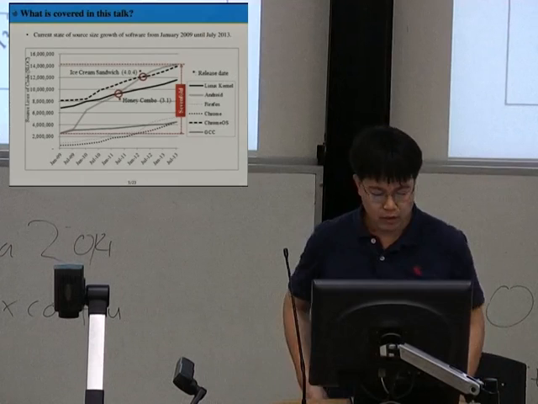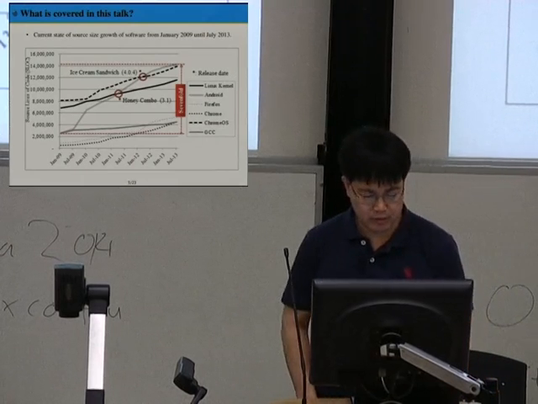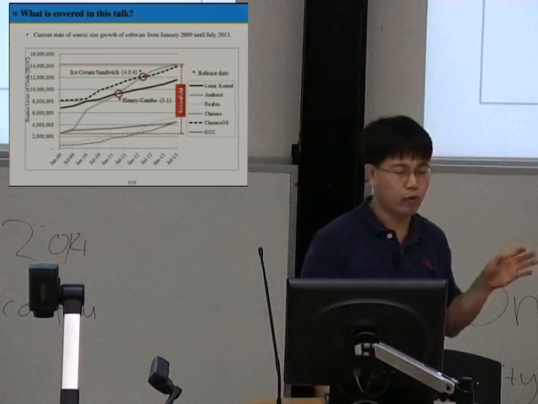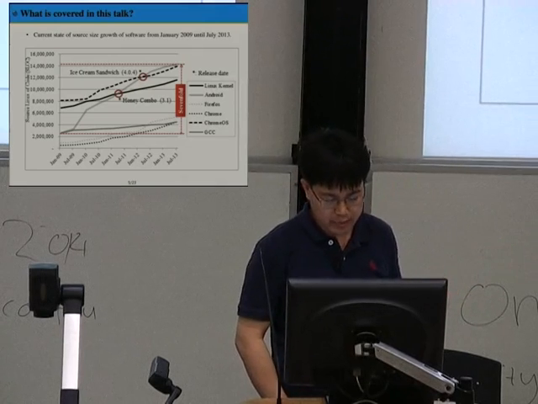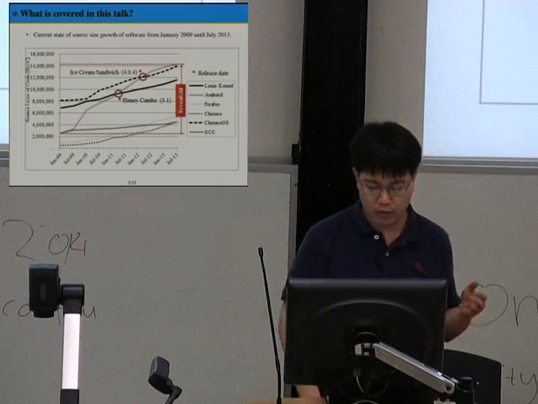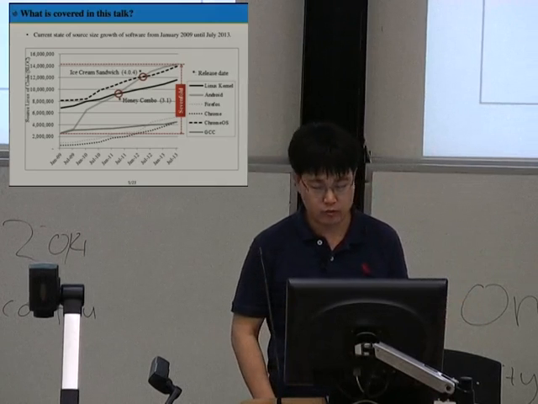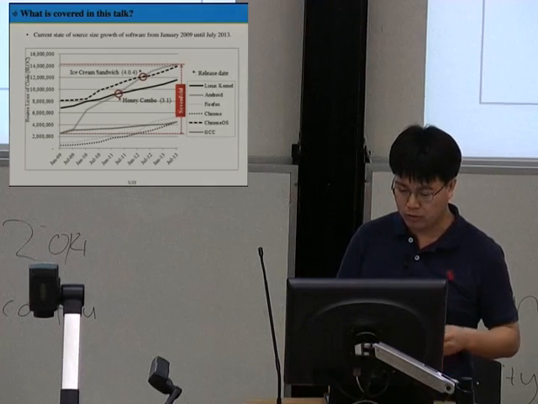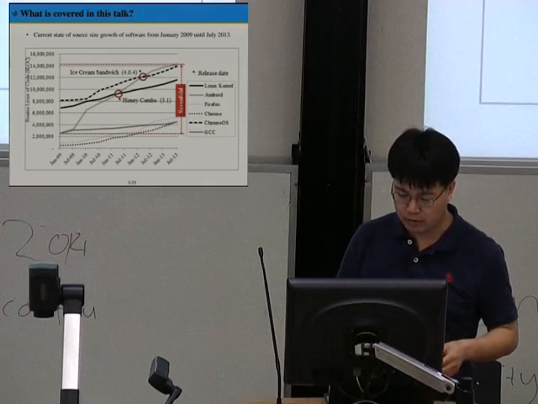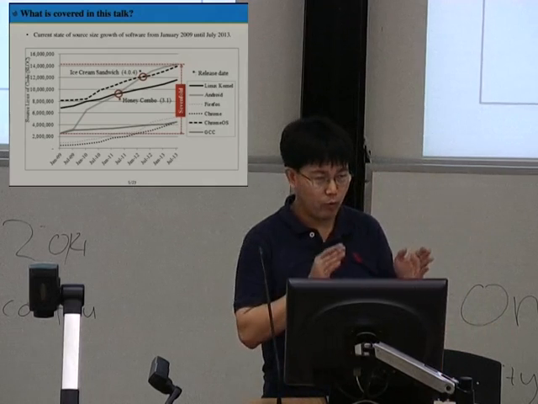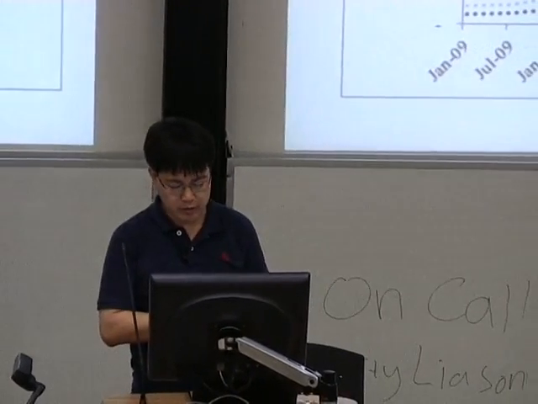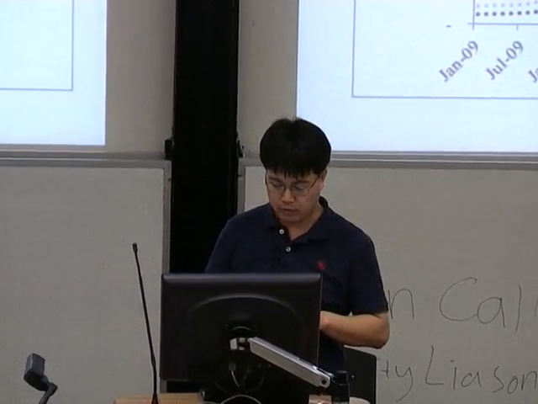And then we analyzed the growth of software size over 4 years. We selected popular software like the Linux kernel, Android, which is the software stack for mobile platforms, and Firefox and Chrome, which are web browsers, and Chrome OS. As you can see, over 4 years the Android mobile platform increased about 7-fold.